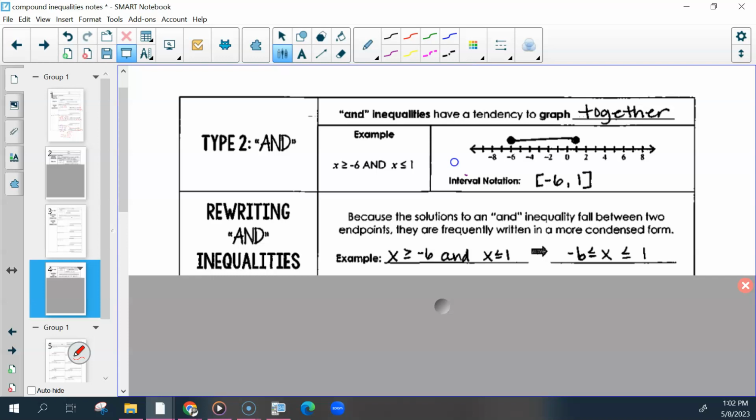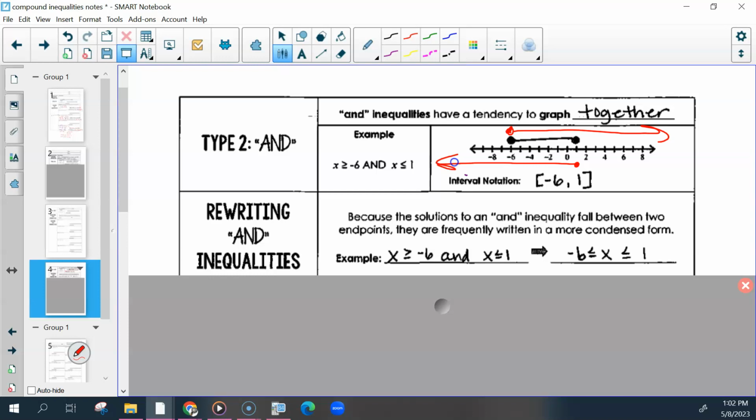If this were the final answer, both points would be closed and there would be a line in between them. Because what really happened was there was a point here and it kept going to the right. And there was a point here and it kept going to the left. And you're looking for where they overlap. So that would be that line segment.